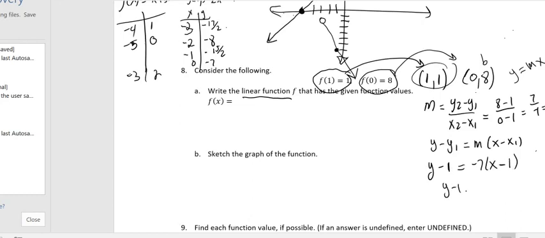And then you would solve for y. So y is equal to negative 7x plus 8. So notice that 8 that we got. So my function here is my slope, which is negative 7, and my y-intercept, which is 8.